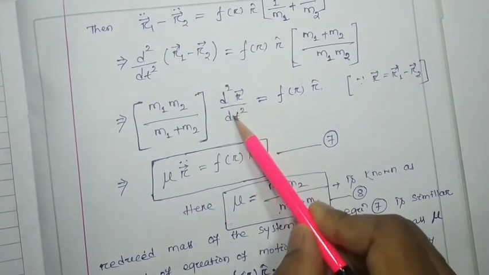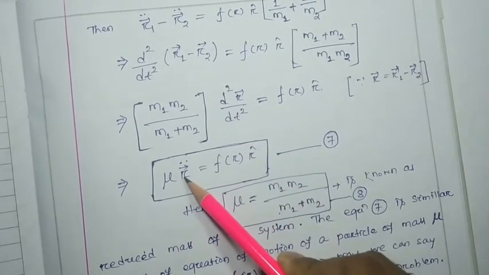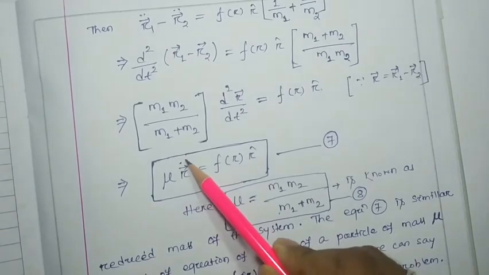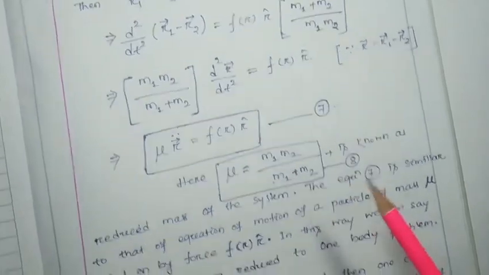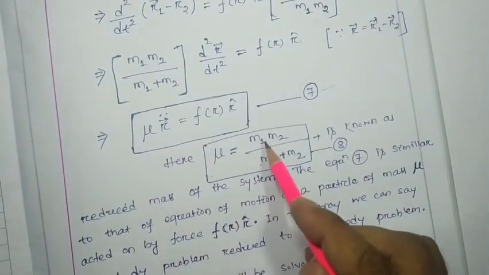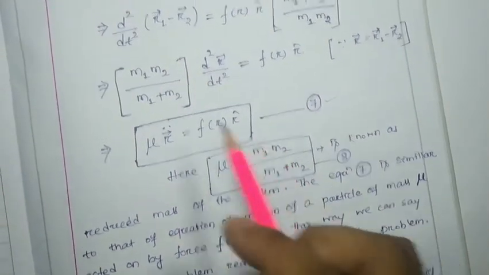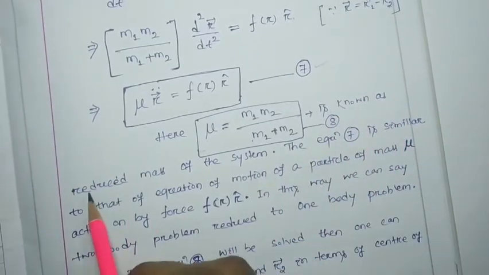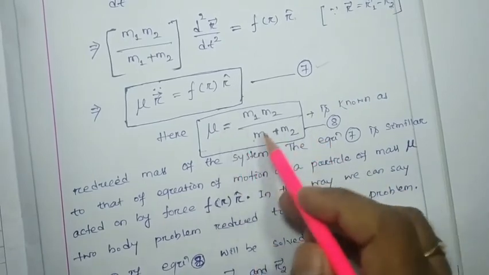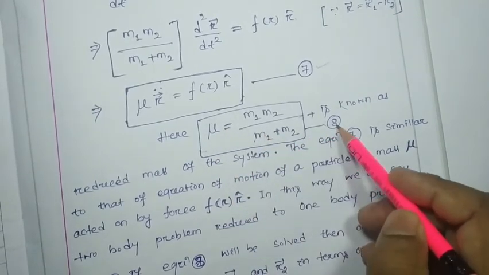This double derivative of r can be represented as r vector double dot equal to this much. Let it be equation number 7. Here mu, equal to m1 into m2 by m1 plus m2, is known as the reduced mass of the system, and this mu is represented by equation number 8.